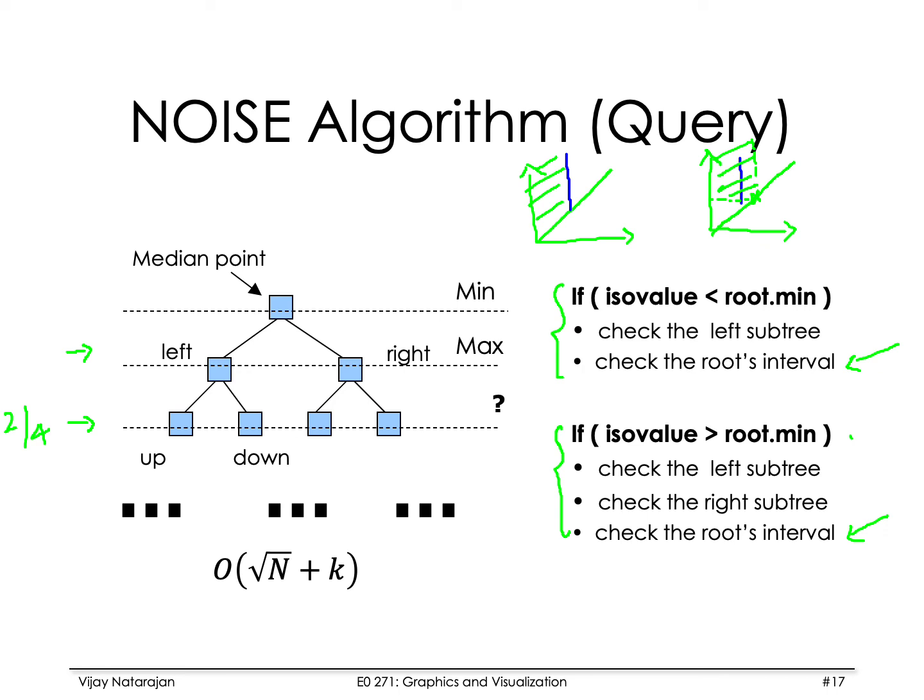So your recursion is of the form T of n is 2T, out of the 4 children 2 levels down, you look only at 2 of the children and recurse. And of course, there is some constant work in addition to that.